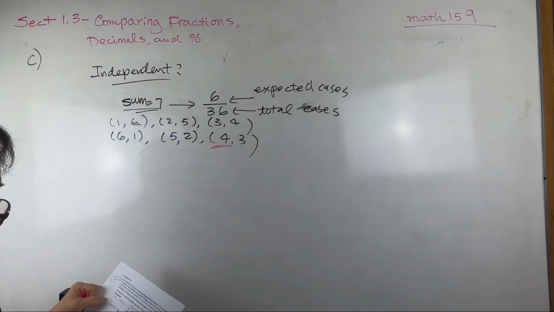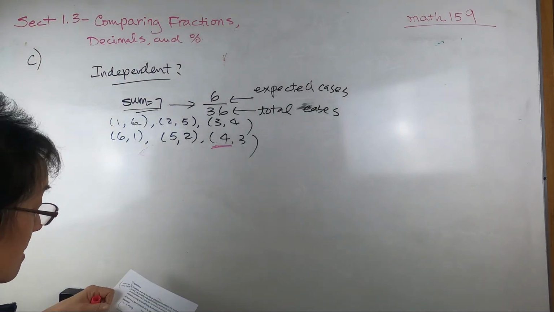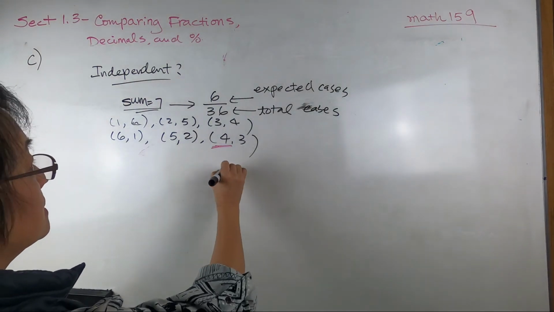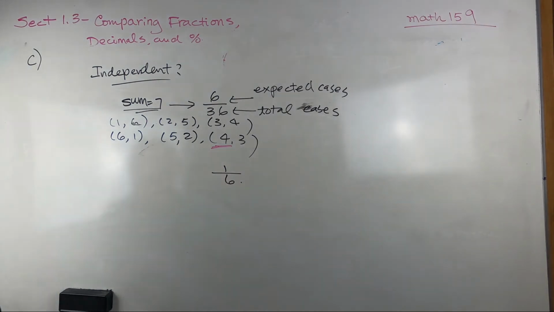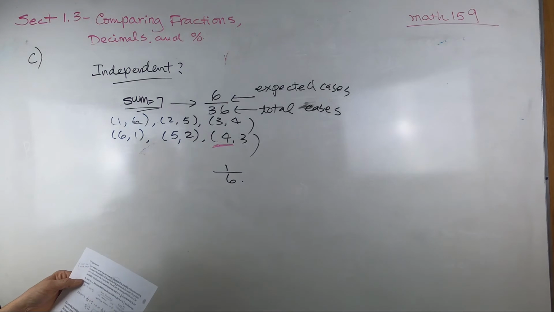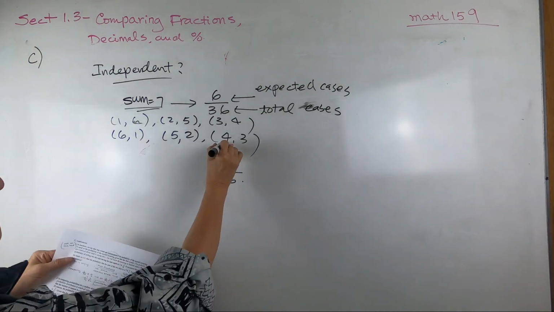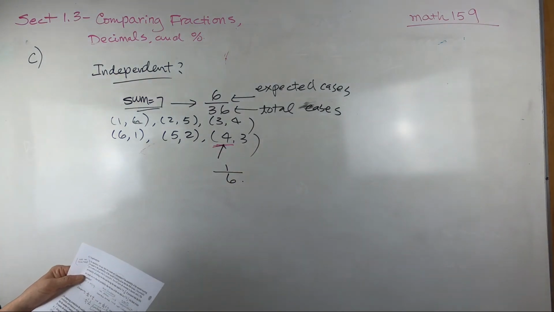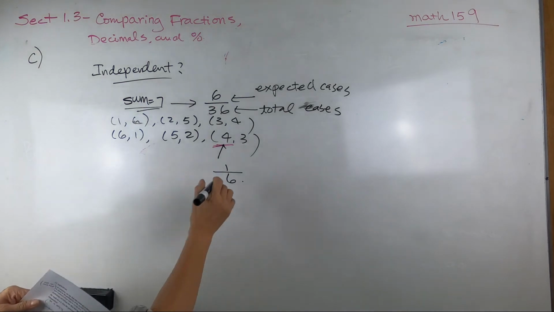1/6, it says. So it is saying if we have two fractions, the other fraction is 1/6. If you know the first die lands as 4, then the probability the sum of two dice is 7 is what? 1/6.